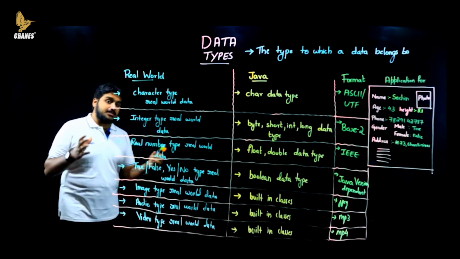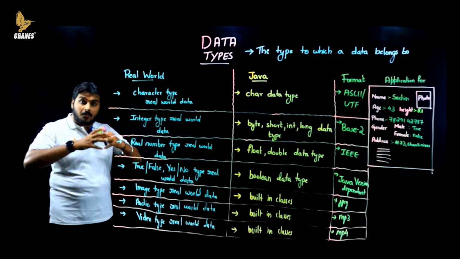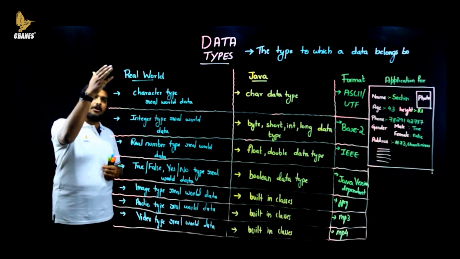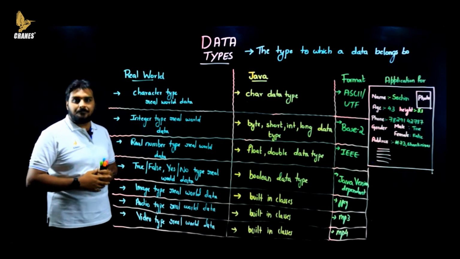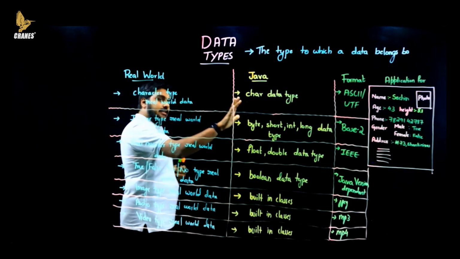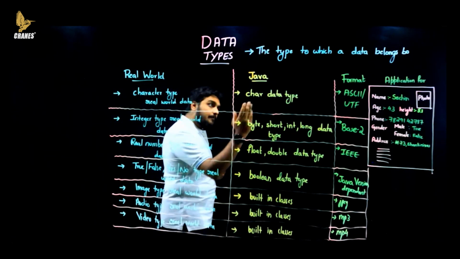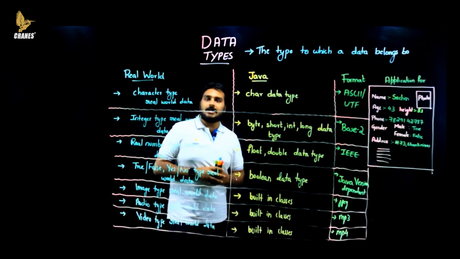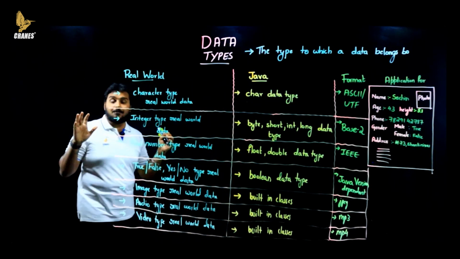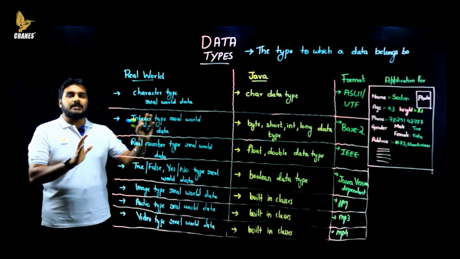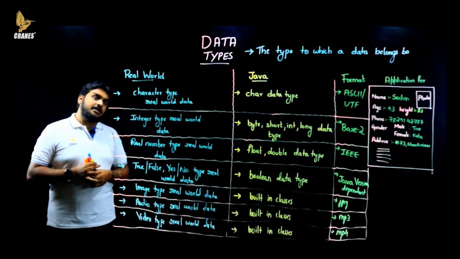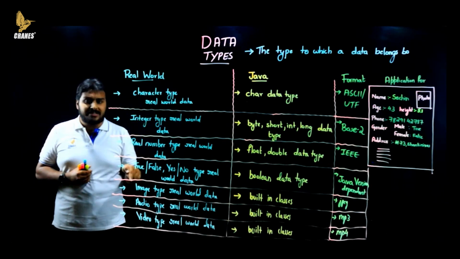If you see this table, it gives you a complete overview of what all real world data are there, how Java is representing those data types, and on what basis it is representing those data types. I hope I am completely clear on these particular things. Now we need to understand each one of them in depth.